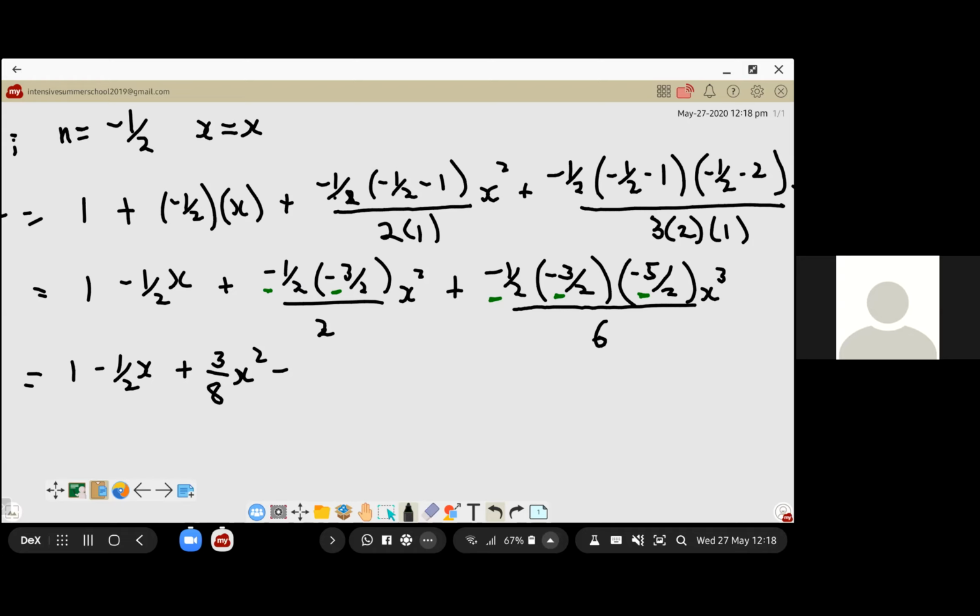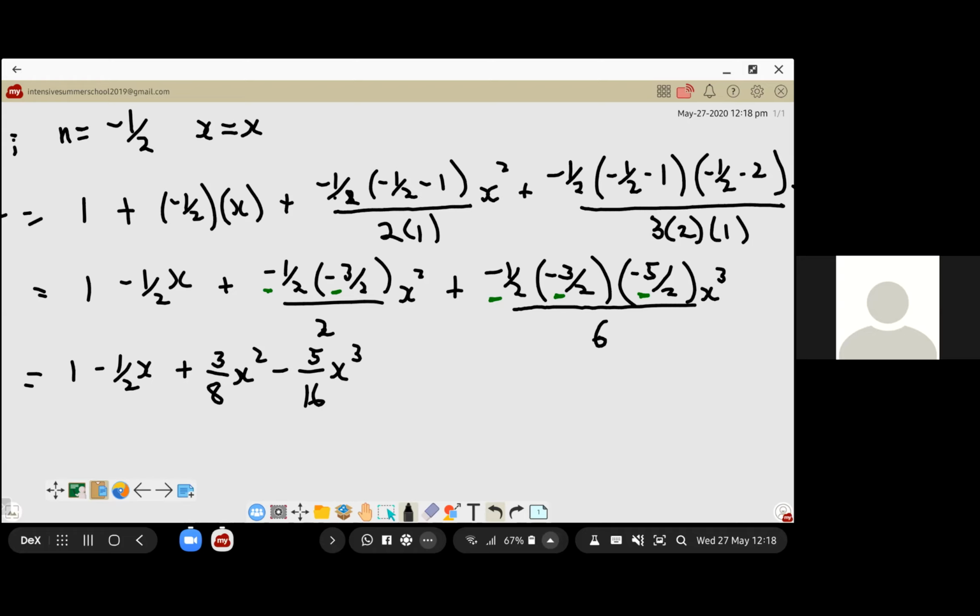Half is 0.5, 3 over 2 is 1.5, 5 over 2 is 2.5. So 0.5 times 1.5 times 2.5 all over 6. 5 over 16. 5 over 16 x cubed.